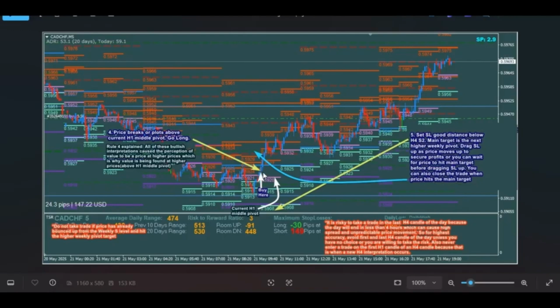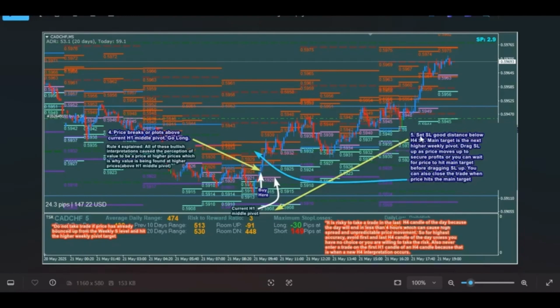And the fact that value is being found at higher prices further confirms that the perception of value is a price at higher prices. Okay? And it was all due to the interpretation formed by the market of the weekly S2. So the weekly S2 interpretation that the market formed led to value being found at higher prices. All right?